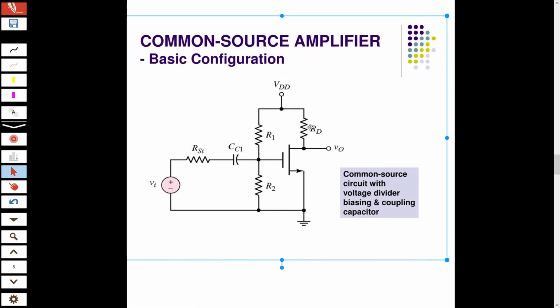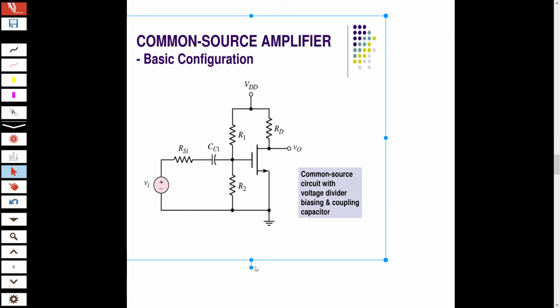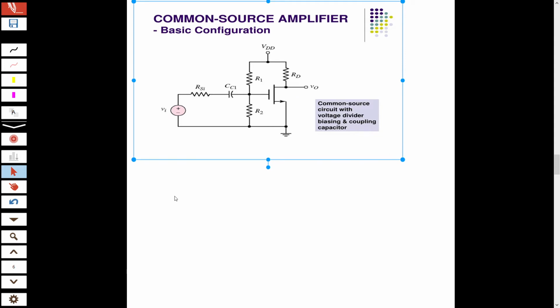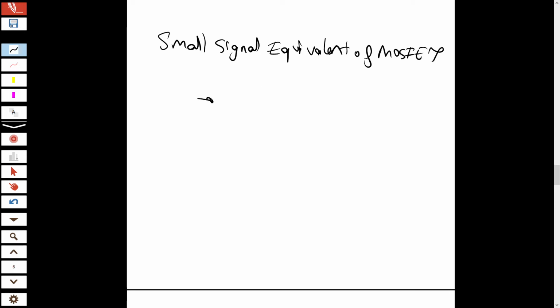So what is small signal equivalent of MOSFETs? Small signal equivalent is similar to BJT, but there is a little bit of change. Here there is gate part. Here this is VGS voltage.